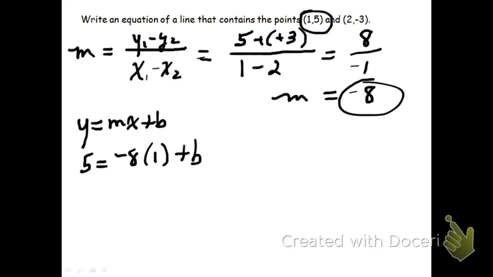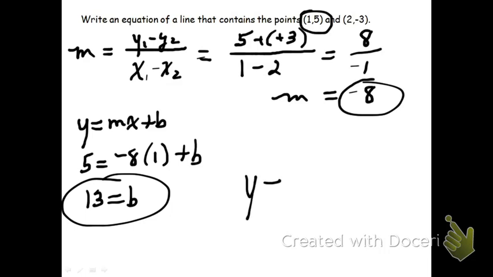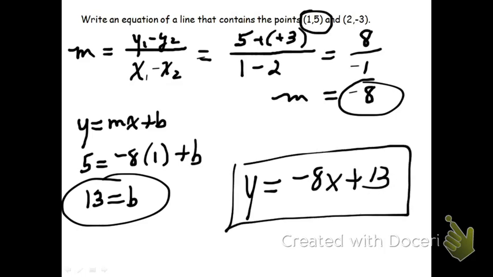Negative 8 times 1 is negative 8, so I add 8 to each side. So 13 is equal to b. Now I have my 2 necessary pieces to write the equation: y equals negative 8x plus 13. That is an equation of a line that passes through those 2 points.